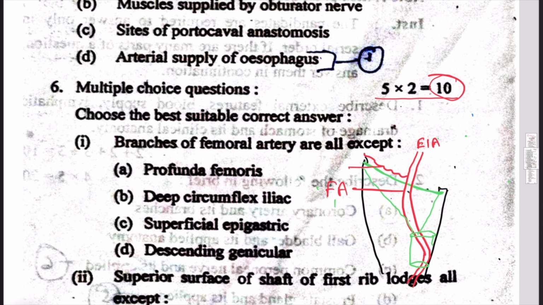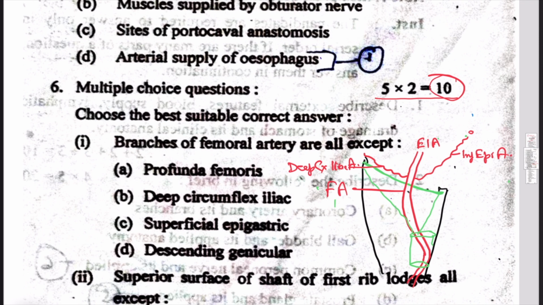That is the deep circumflex iliac artery, and a branch that ascends above towards the umbilicus, and this is called the inferior epigastric artery, right?